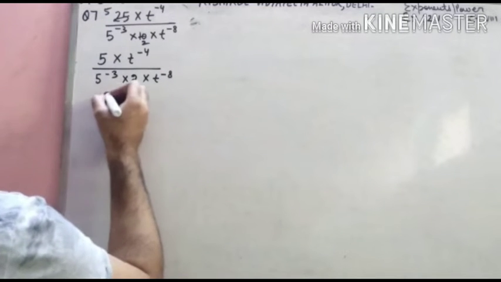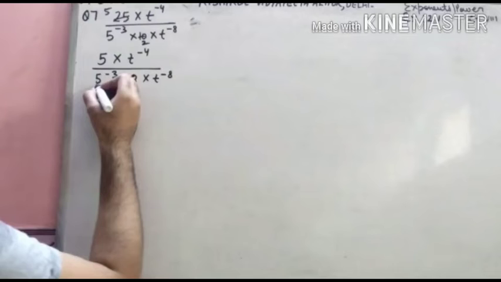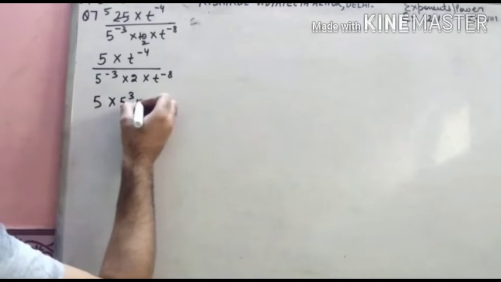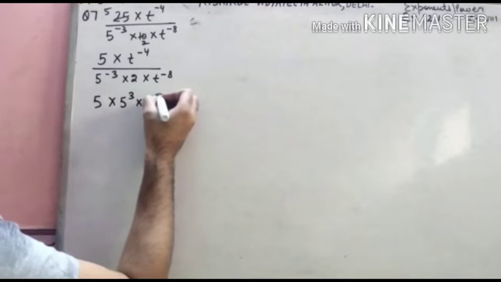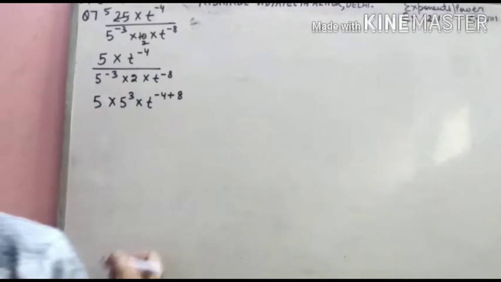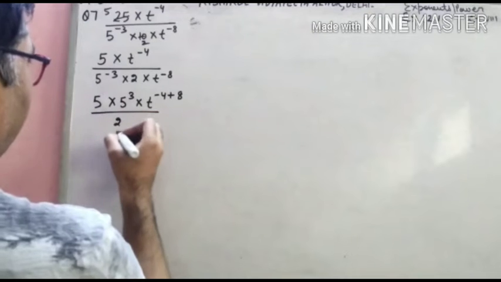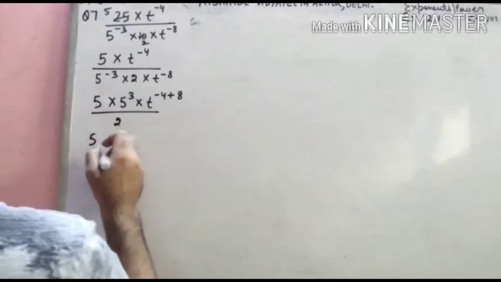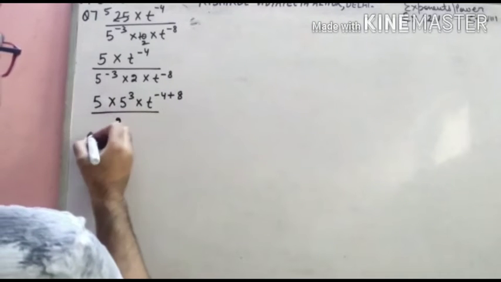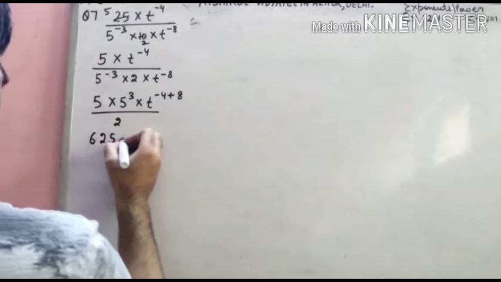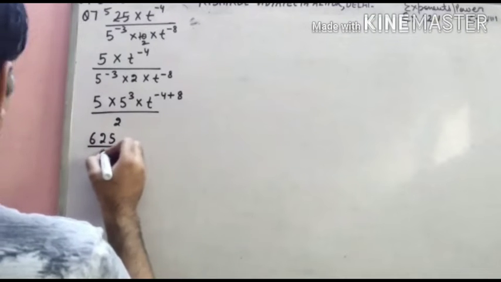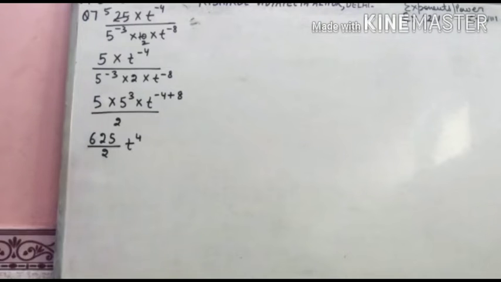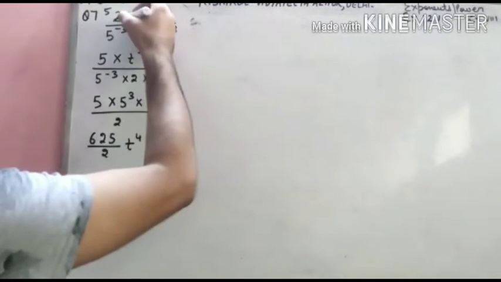Now for 5 raised to power minus 3 we use the multiplicative inverse, and it can be written as 5 raised to power 3 into t raised to power minus 4 plus 8, upon 2. We have to simplify it, so 5 cubed will be 125, and 5 raised to power 4 gives 625 upon 2 t raised to power 4.